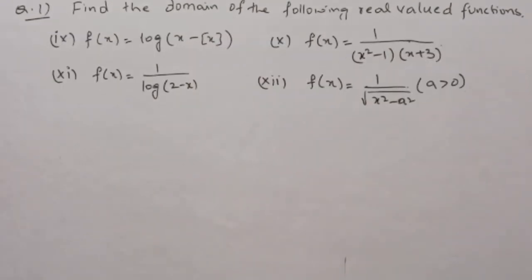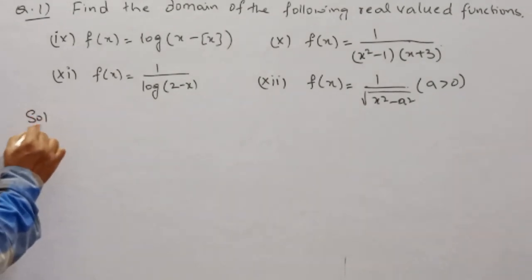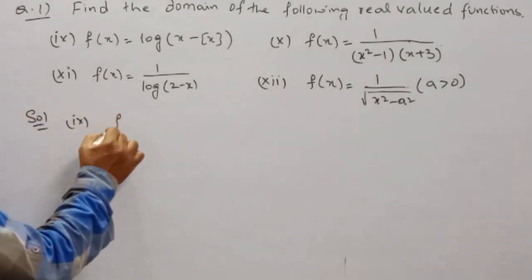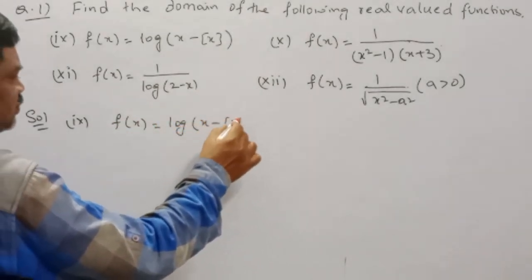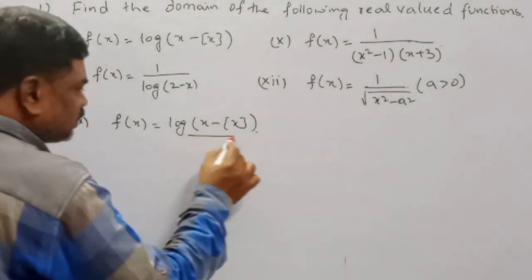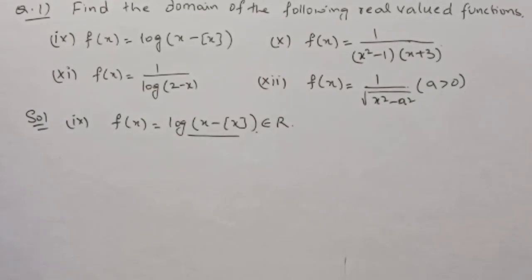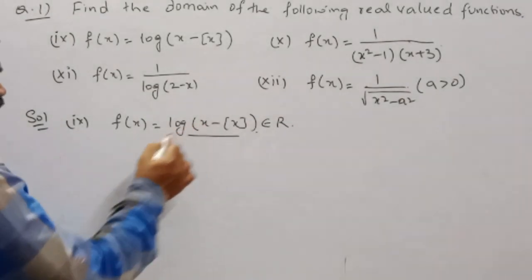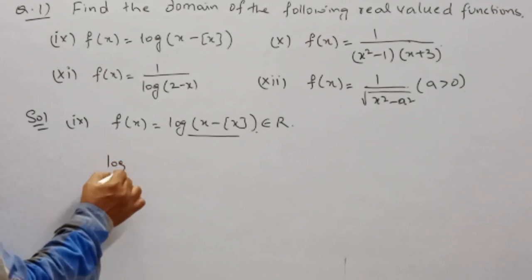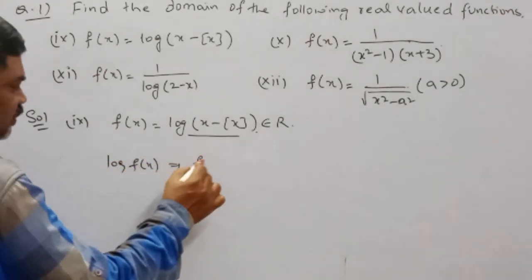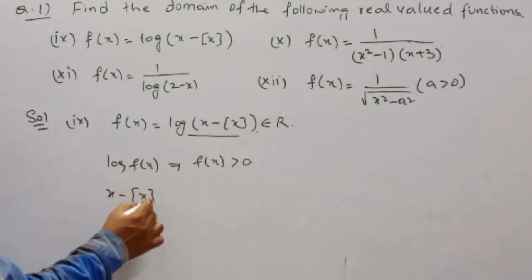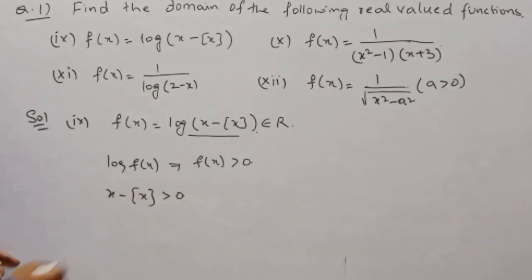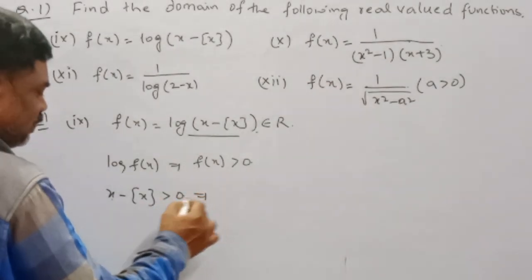Ninth problem, you see. Here f of x is equal to log of x minus step x. This must belong to R, real numbers. So here log f of x implies f of x greater than 0. That's why x minus step x is greater than 0.